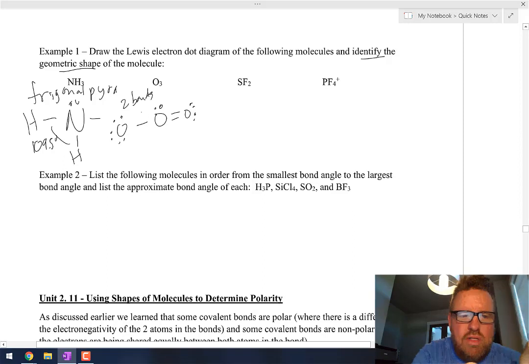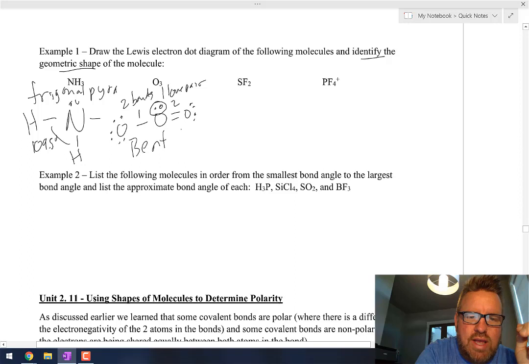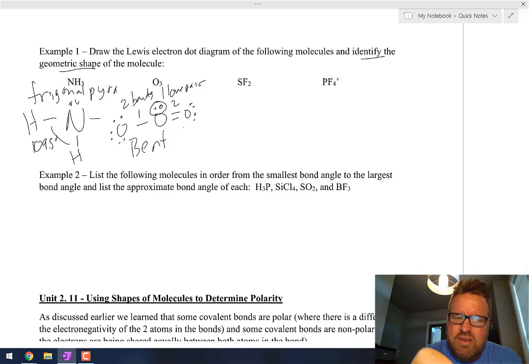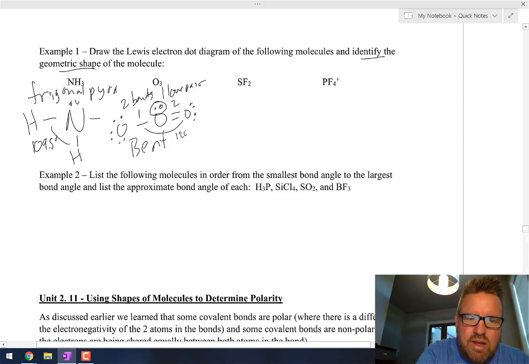So 2 bonds, 1, 2, and 1 lone pair on that central atom right here. And that creates a bent molecule. What? No, it's not. It's linear. Just because I drew it linear doesn't mean it's linear. It doesn't ask for the bond angles, but the bond angle is going to be roughly around 120, a little bit less than 120 degrees.